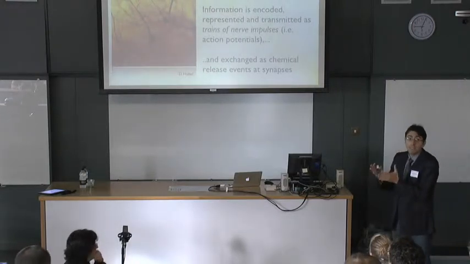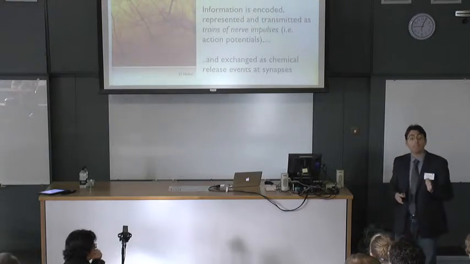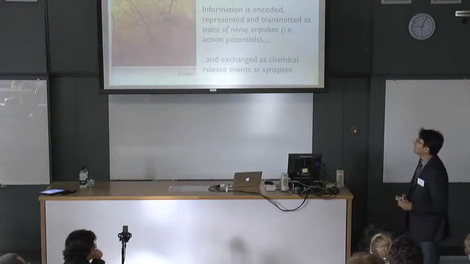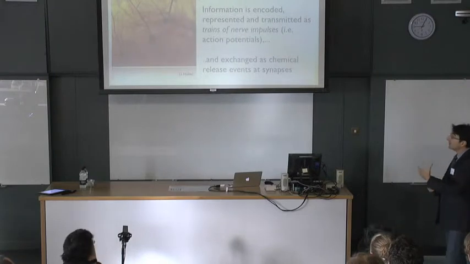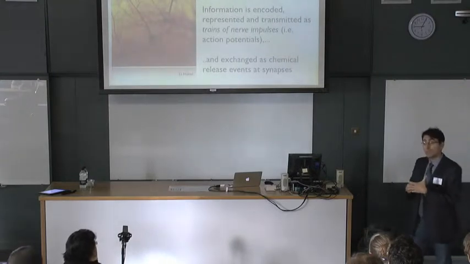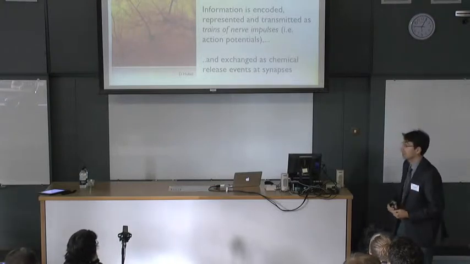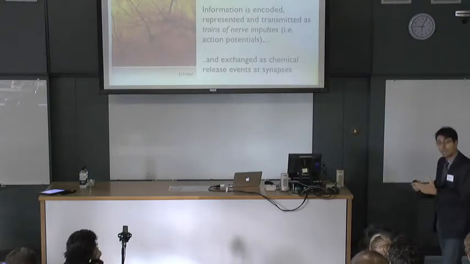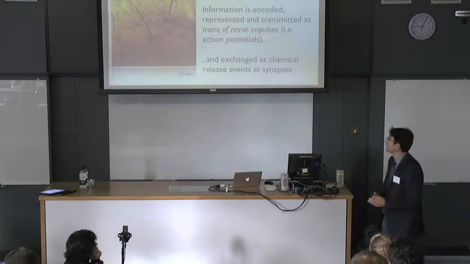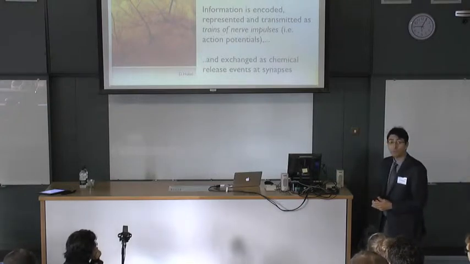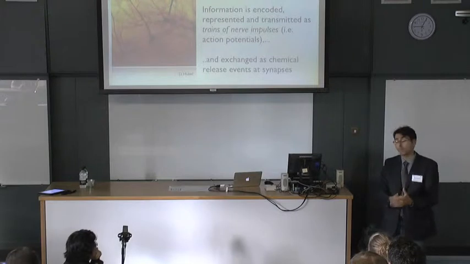Basically the information is thought to be encoded in the pulses, in the timing, in the firing rates. This is not only the way information is represented, it's also the means of information transmission, and you are probably all familiar with the concept of an action potential. Also, ion channels and excitable properties are important for neuronal communication.